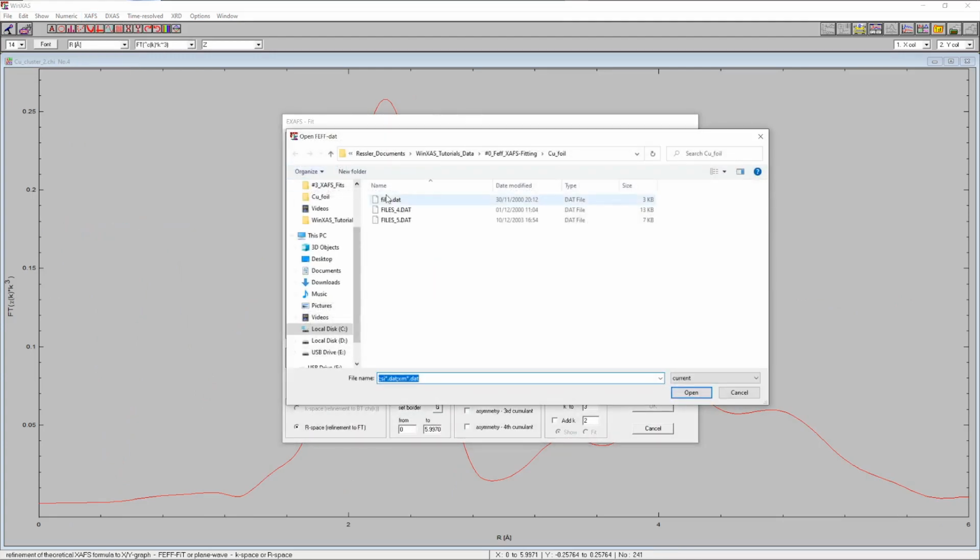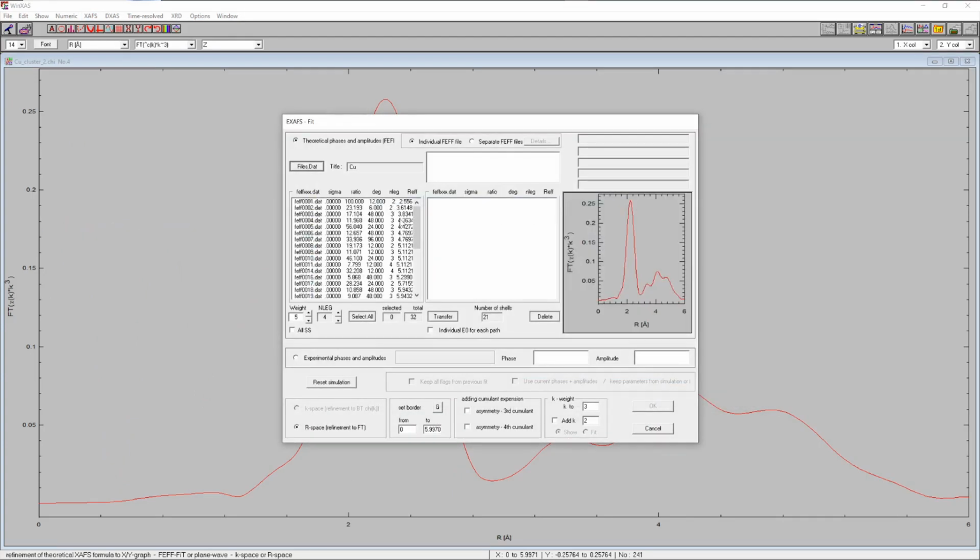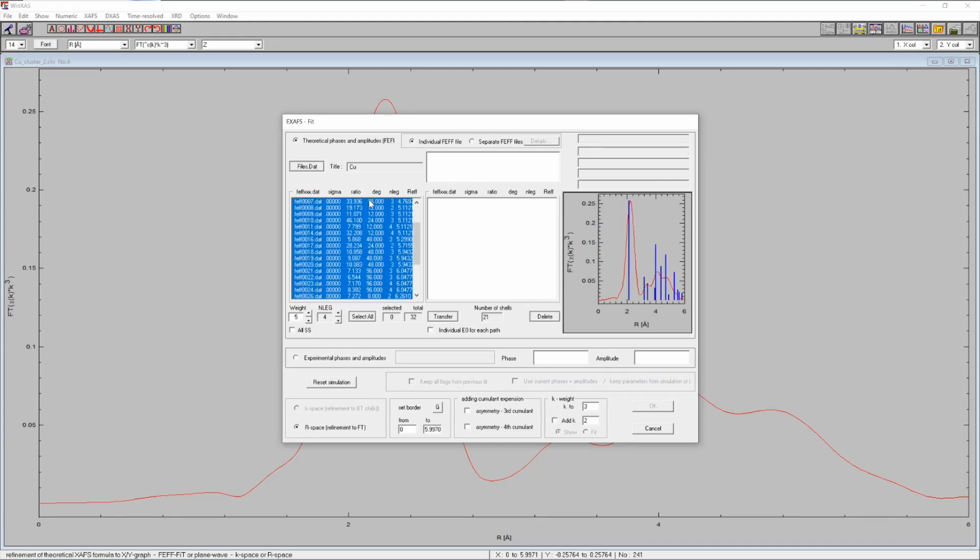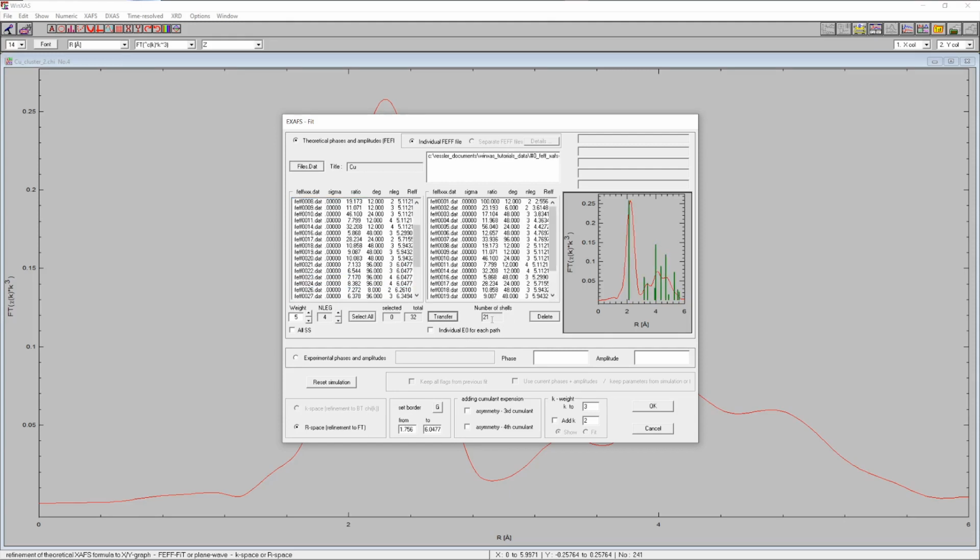We're going to use the same approach that we just established for the copper foil. So use all those single and multiple scattering paths in the range, a total of 21.